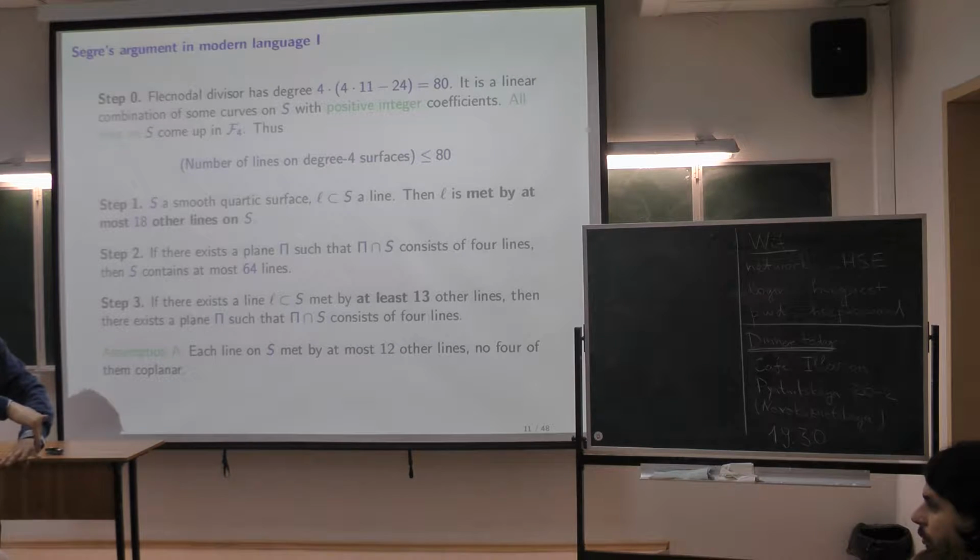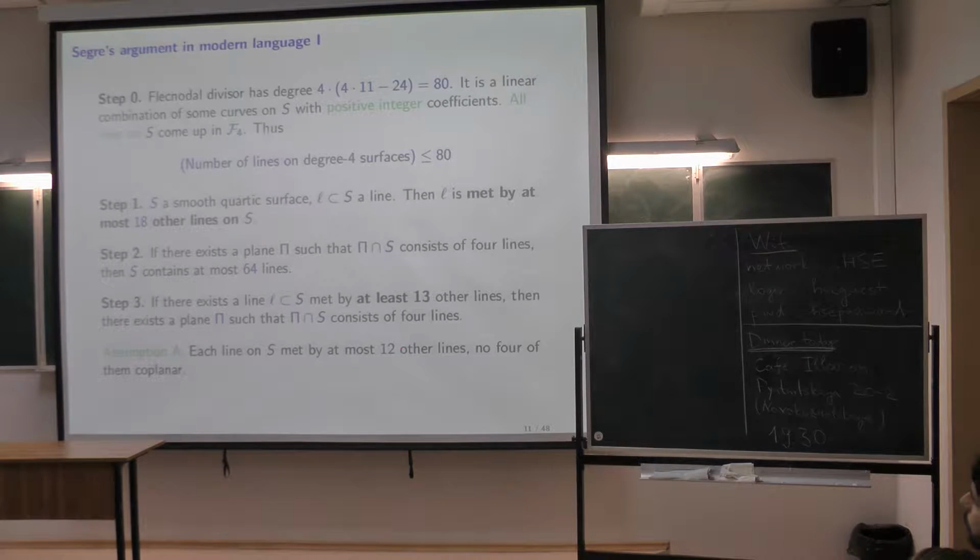So 15 are here, 3 are here, 15 are here, 3 are here. So it's 64, it's sharp. So now I can assume each line is met by at most 12 other lines, because if I had 13, I would get a plane, I would use this step, I would get 64. And I can assume that no 4 are coplanar.